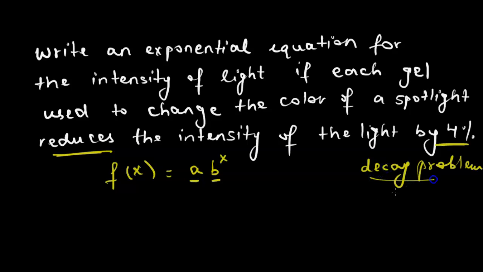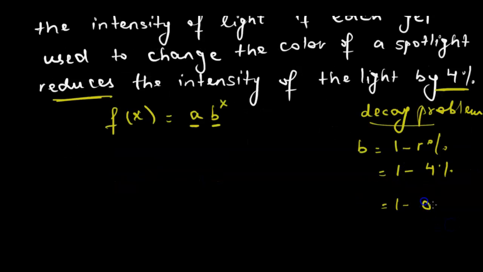For a decay problem, b is found by applying the 1 minus r% formula. So let's first get the b value. 1 minus r%, where r% is 4%, means 0.04. 1 minus 0.04 is 0.96. Therefore, the b value that we would use is 0.96.